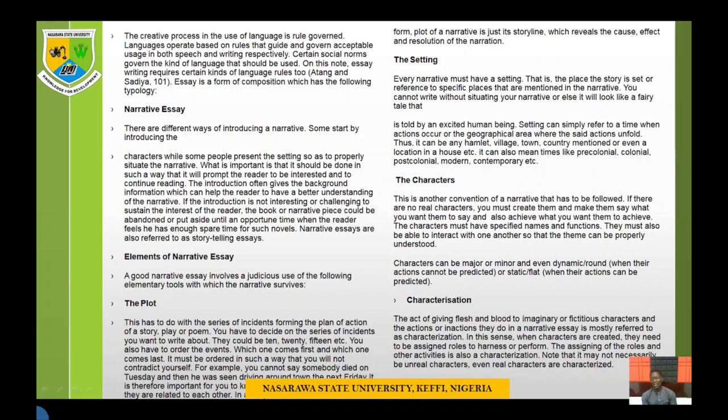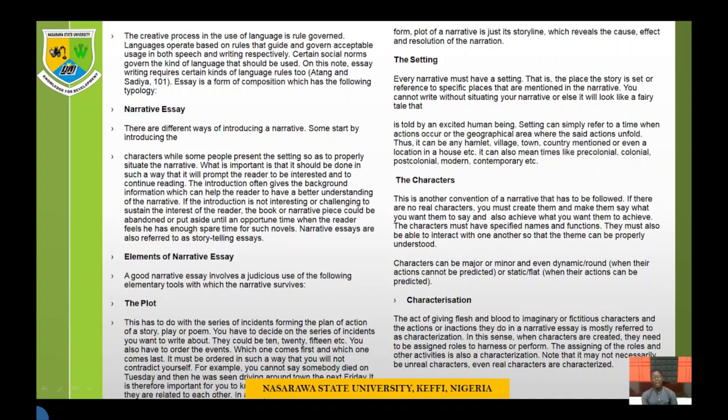He's a static character because you know him as a debtor, somebody who collects debt, and anything you know can be predicted out of his own characterization. So these are all things to know about characters. Characters can be human beings and can be animals in a story, or even objects or ideas. Love, hatred can be characters in a story. So this is very important for you to know.